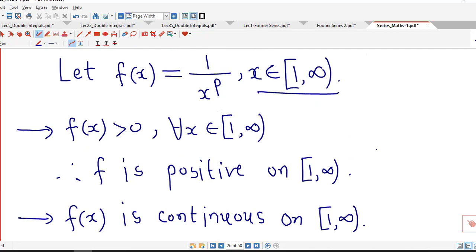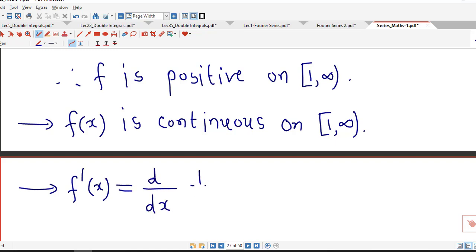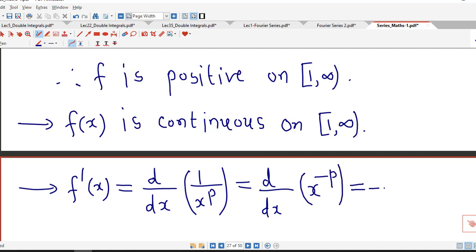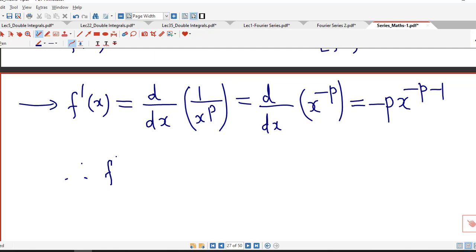Now to check whether it is decreasing or not, we find the derivative of the function. f dash x is equal to d by dx of 1 over x raised to p. This is equal to d by dx of x raised to minus p, which is equal to minus p times x raised to minus p minus 1. Therefore f dash x is minus p divided by x raised to p plus 1.